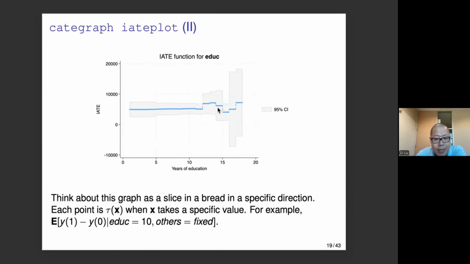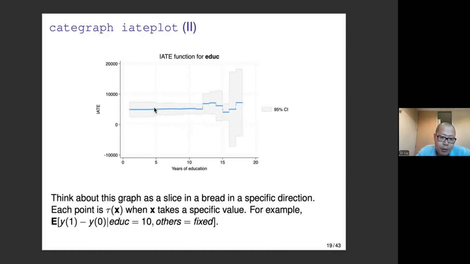So as we see, this function is hardly linear. At the beginning, before 12 years of education, the ITE function stays pretty flat. Then between 12 and 15 years, there's a jump in treatment effects. And interestingly, after 16 years, the treatment effects are no longer significant, because the confidence intervals cover 0 here.